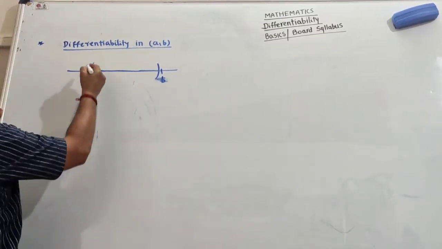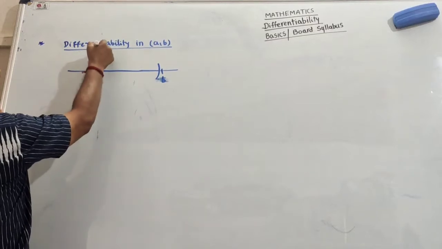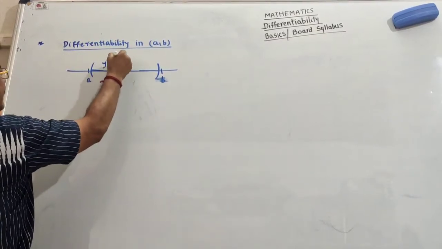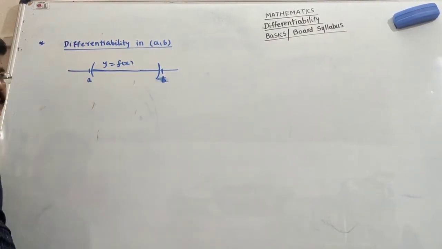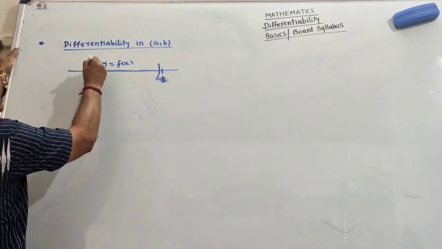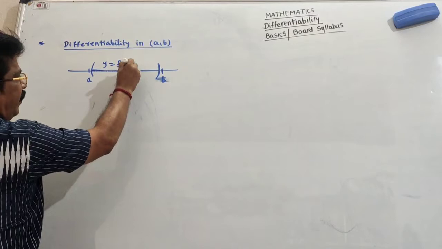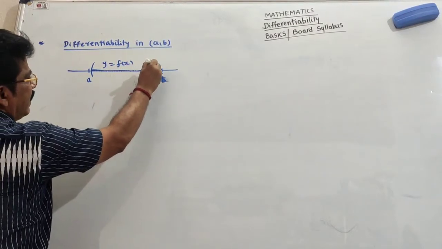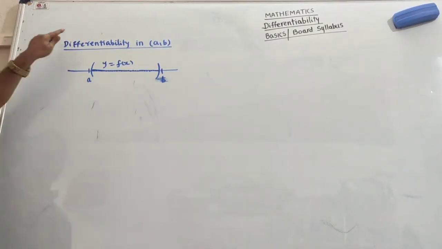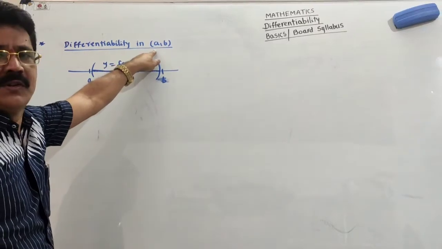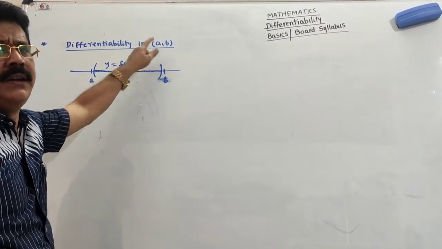If f of x, for example, the given function y is equal to f of x, is differentiable at each and every point of open interval of a comma b, then it is called a differentiable function in open interval of a comma b.